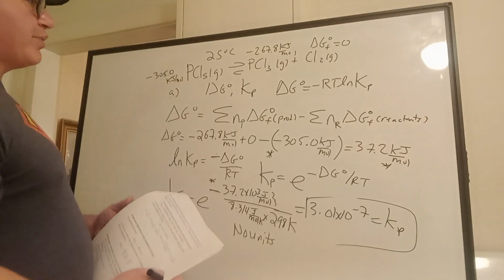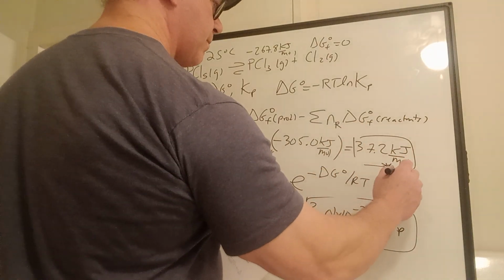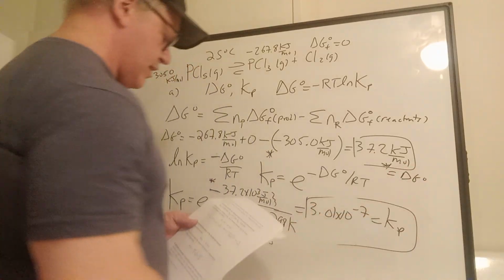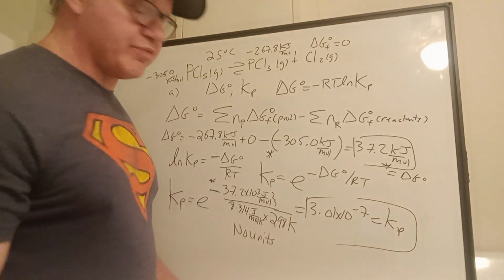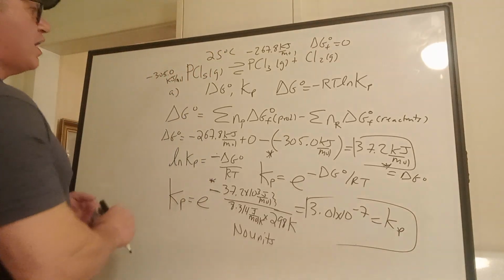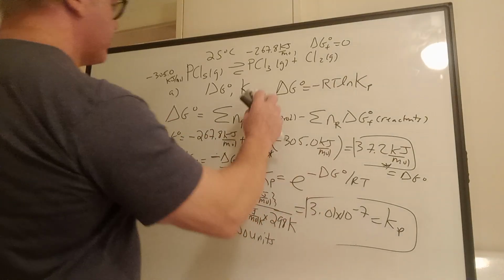So, we got delta G naught and we got Kp. Now there's another problem. That's part A. Let's go on real quickly, do part B. We have this reaction, and I want to relieve these two things here.